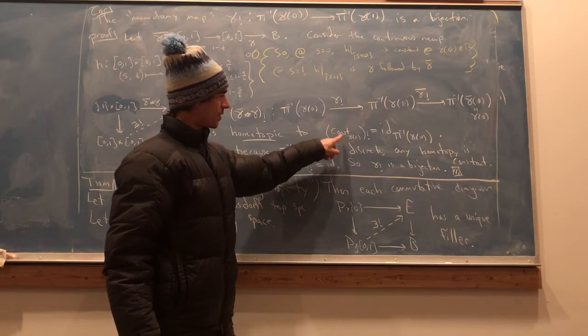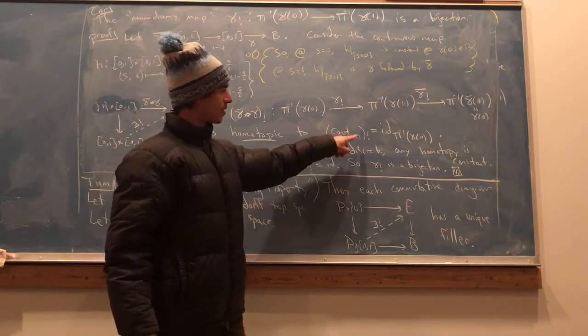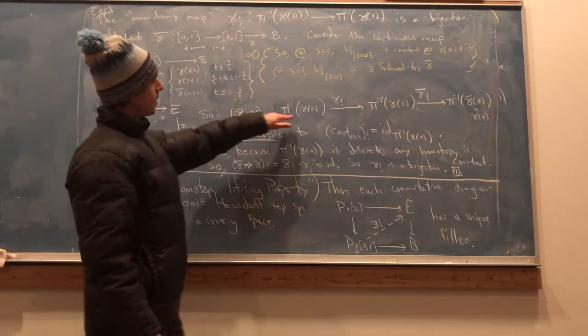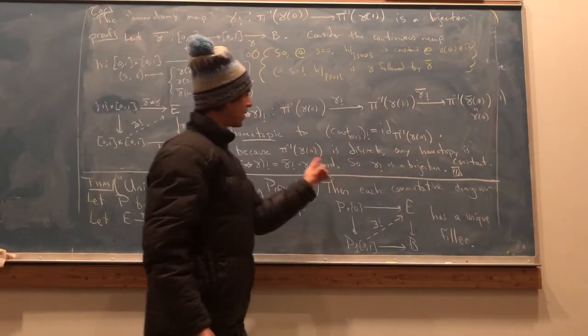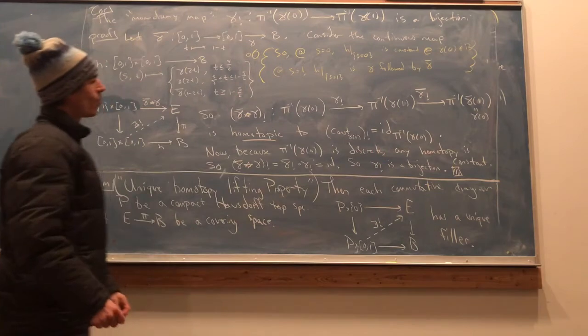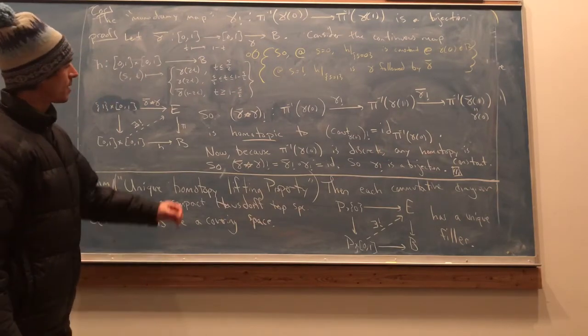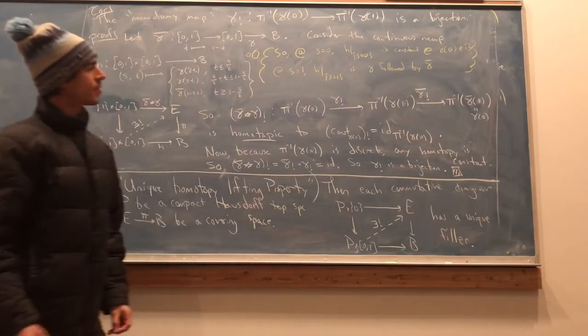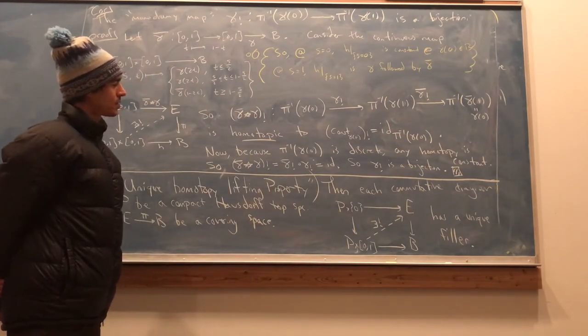So this constant path, lower shriek, is just the identity. So we see that this composite map of sets is homotopic to the identity map. We want it to be equal to the identity map in order for gamma bar shriek to be an inverse to gamma shriek.